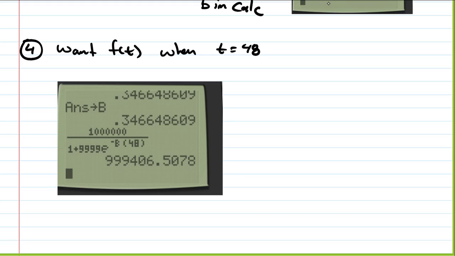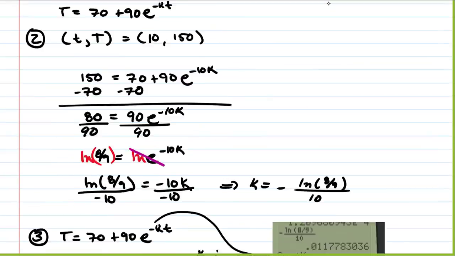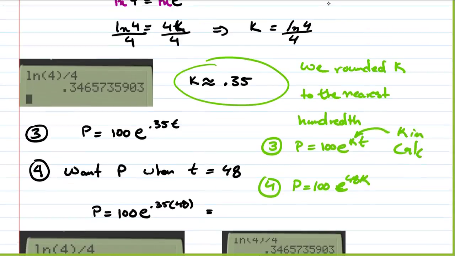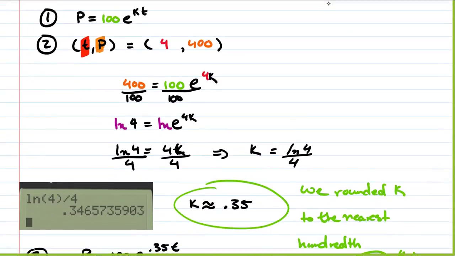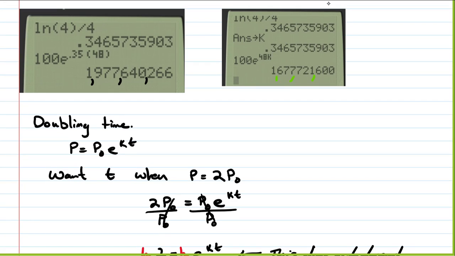So notice in this case, we only got 999,406, whereas in example 1, when there was unlimited resources, we ended up with 1,677,000,000 and some change.